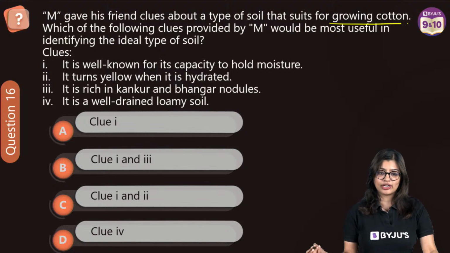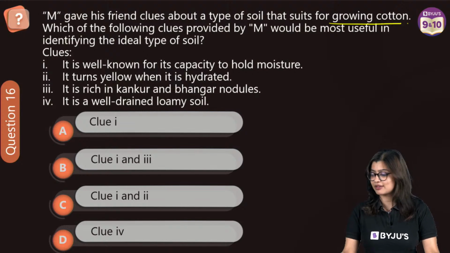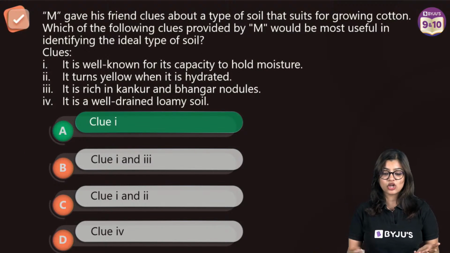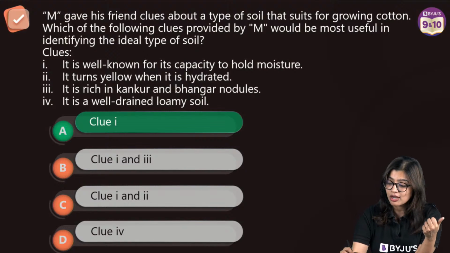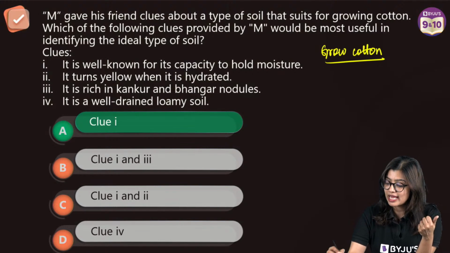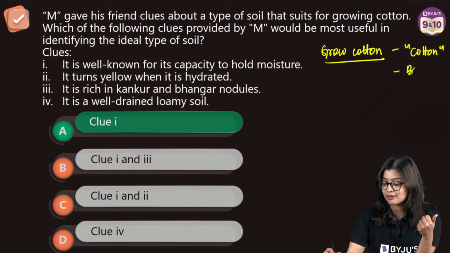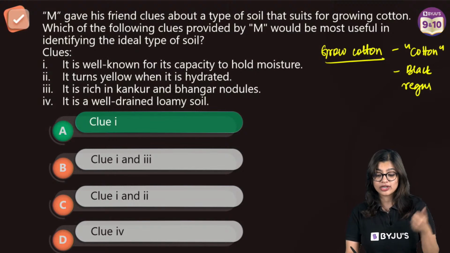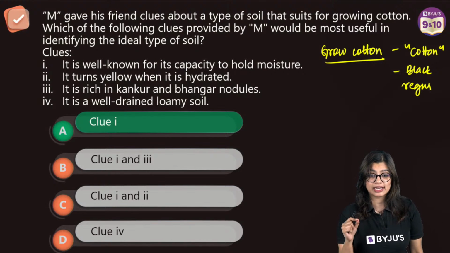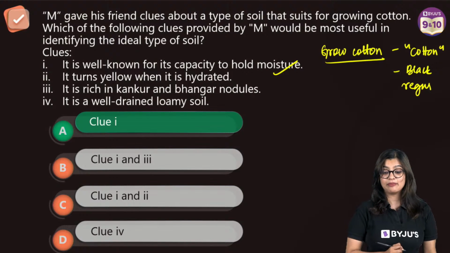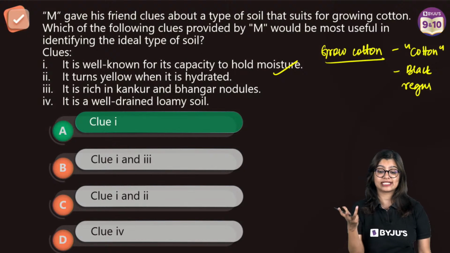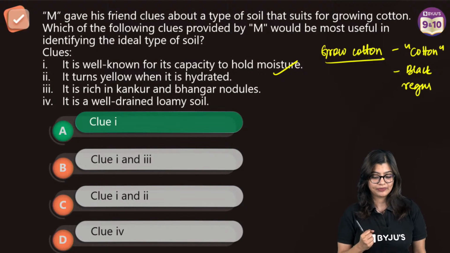Very good. I think the majority of you have given me the correct answer. We can end the polls, ma'am. Answer is option 1. Now, when you talk about soil that is needed to grow cotton, we know that the soil, which is also called cotton soil, is nothing but black soil, or we call it regur soil. And one of the most important things to keep in mind is that it is well known for its capacity to hold moisture, right?